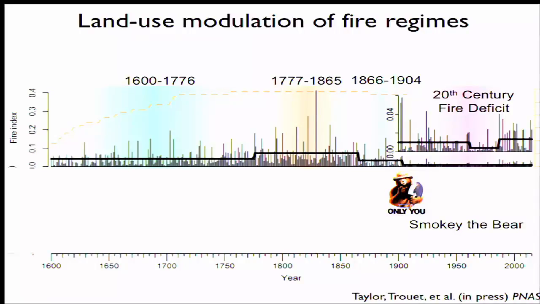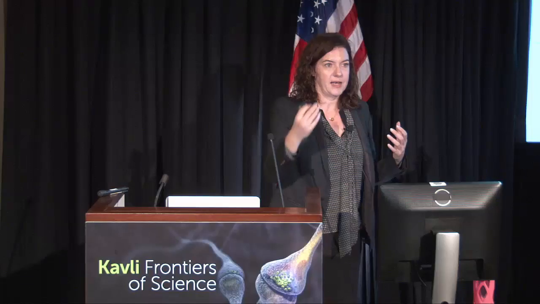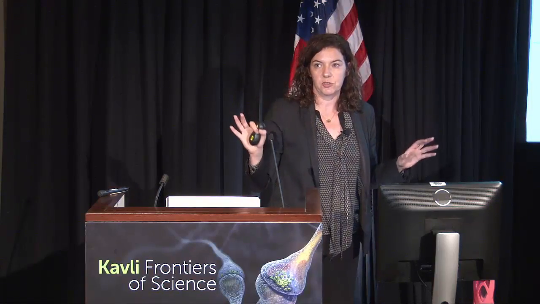I'll make one comment. If you think of this whole period, fires happening every 5 to 12 years on a certain site, and then Smokey the Bear comes in and you get 100 years of virtually no fires, you can only imagine what that does to the fuel load, right? Those low intensity frequent fires would kill the grasses, kill the small trees, but wouldn't kill the big trees.